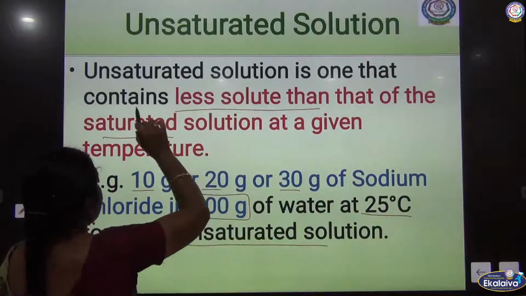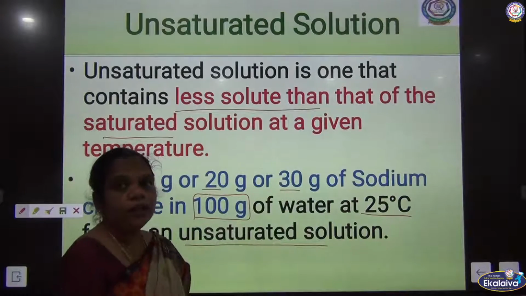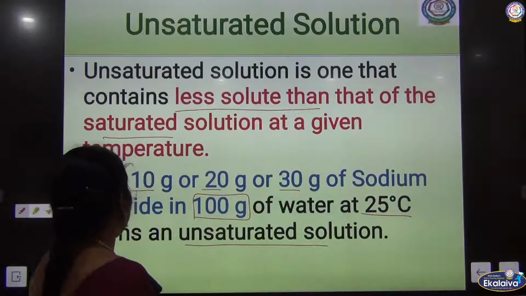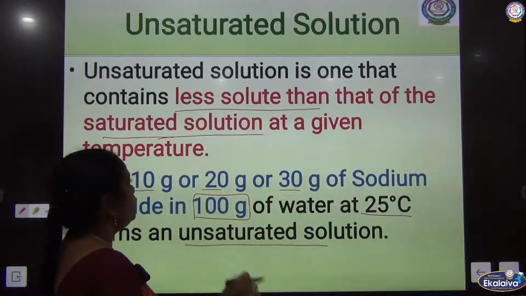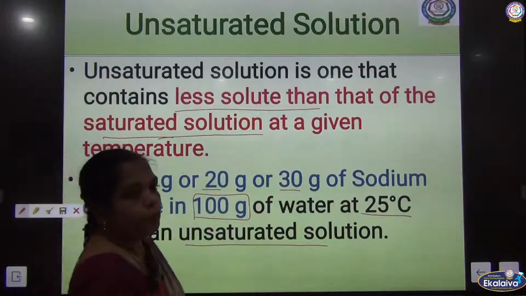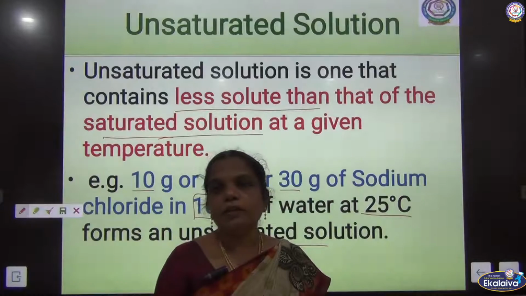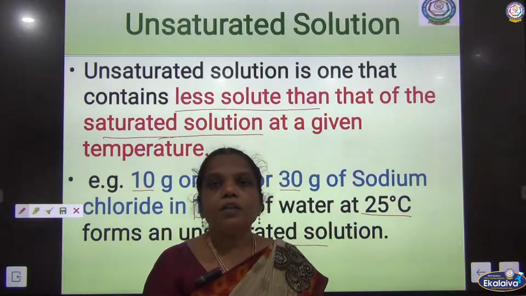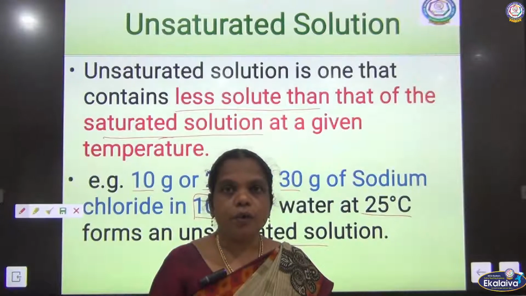So what is meant by unsaturated solution? One that contains less solute than that of the saturated solution at the given temperature is called unsaturated. Already we learned that 36 gram of salt dissolved in 100 gram of water is the saturation point.